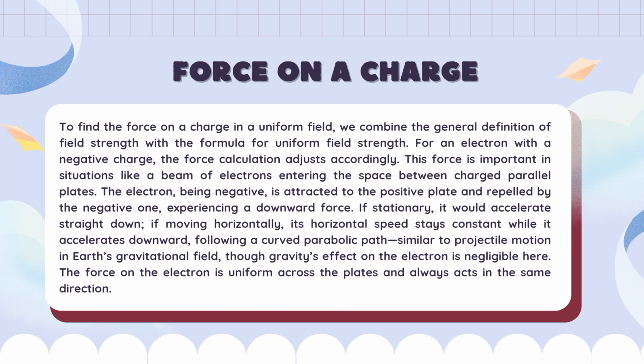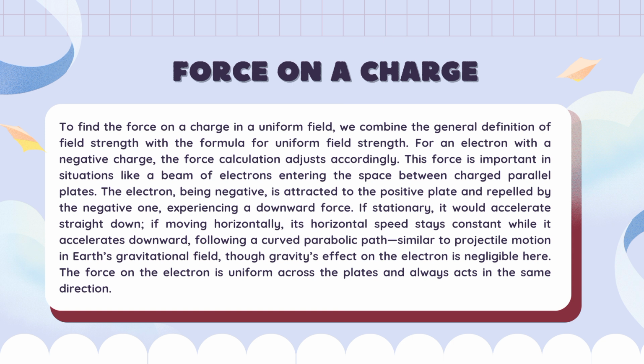Since electrons are negative, they are attracted to the positive plate and repelled by the negative one. Because of this force, if the electron is stationary, it will accelerate straight down, but if it's moving horizontally, its horizontal speed stays constant while it accelerates downward, following a curved parabolic path.